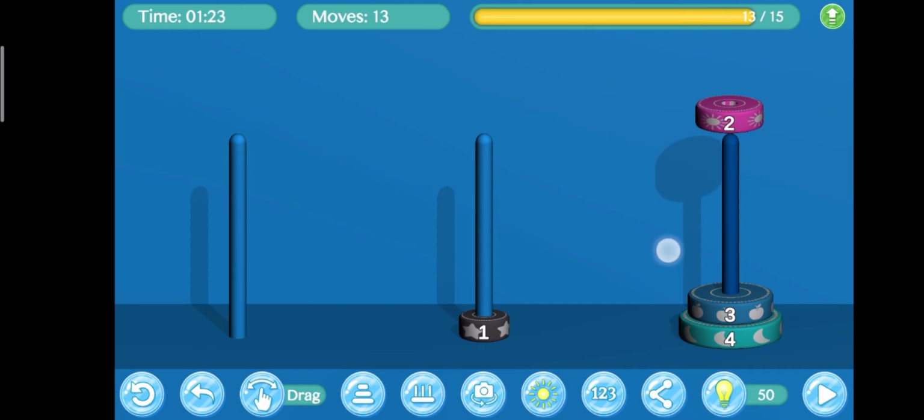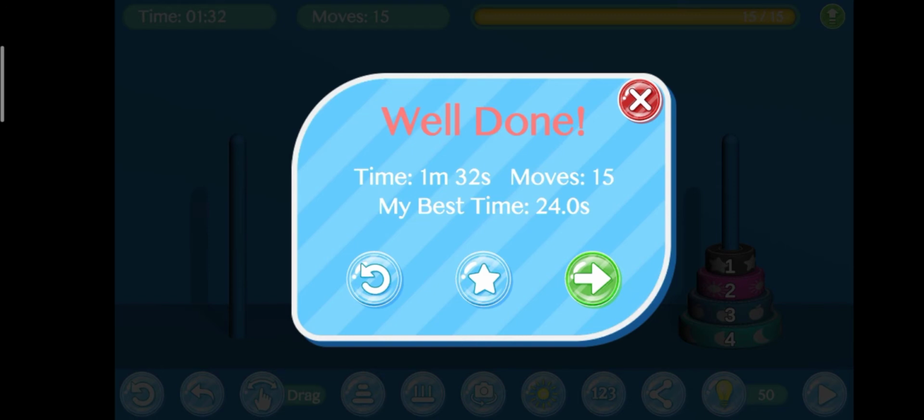Let's move the second disc on the third rod, and the final move is to put the first disc on the third rod. And that's it. We moved the fourth disc to the third rod with 15 moves only. We can now proceed to the next level.